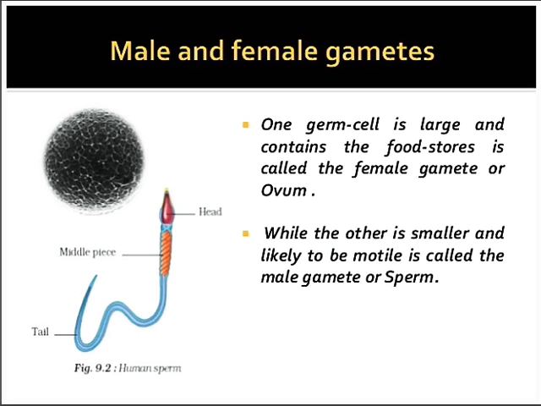Same is the case with the male gamete. Male gamete here is represented by sperm, which is motile, that means they travel, and they also contain half the number of chromosomes from the father's somatic cells.